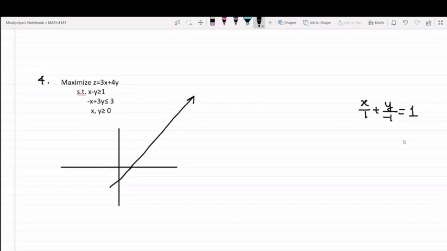This is the line corresponding to x minus y equal to 1. And the second constraint would lead us to x by minus 3 plus y by 1 equal to 1. So we kind of have this one.